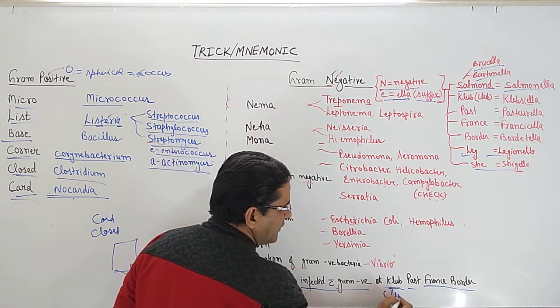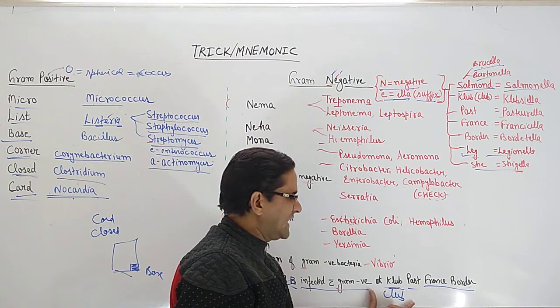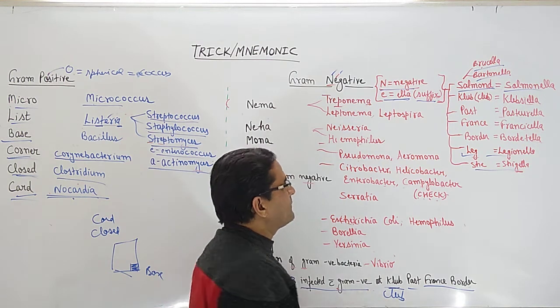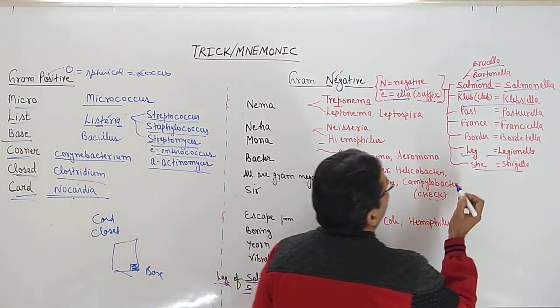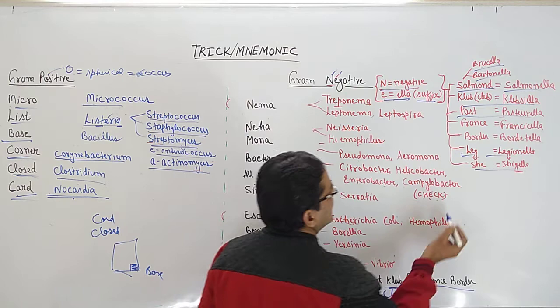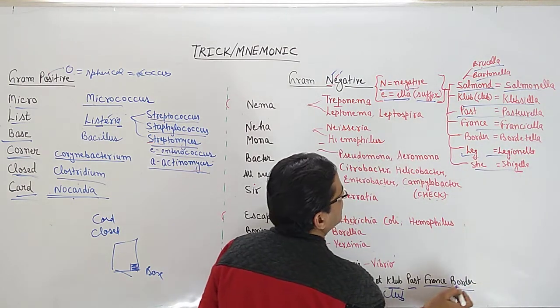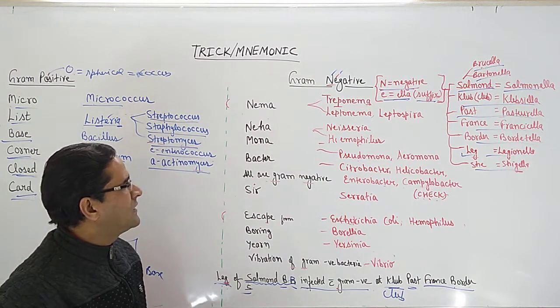Although the spelling of club is CLUB, just to develop the mnemonic we have kept K instead of C. So club means Klebsiella. Past means Pasteurella. France, Francisella, and Bordetella. So this is one part of this.